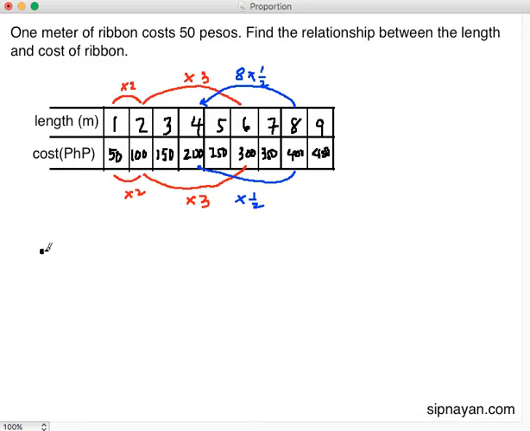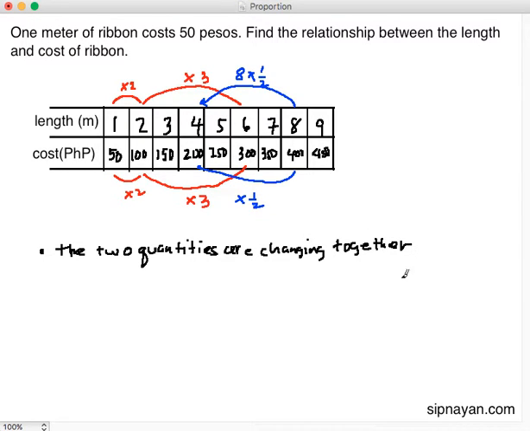So, ibig sabihin, yung pinaka-observation natin is that, first, the two quantities are changing. Okay? Pag changing together, ibig sabihin pag nag-change yung isa, nag-change din yung isa.